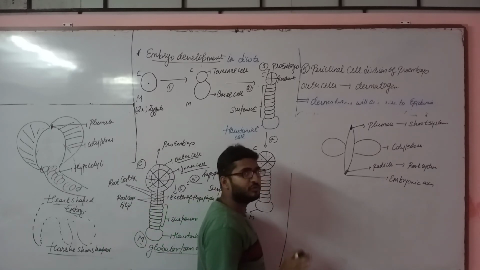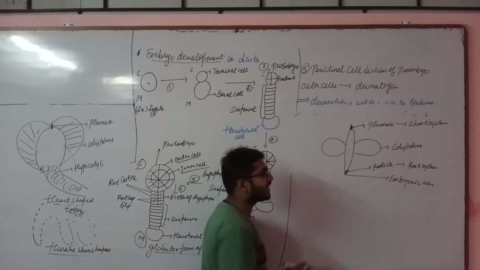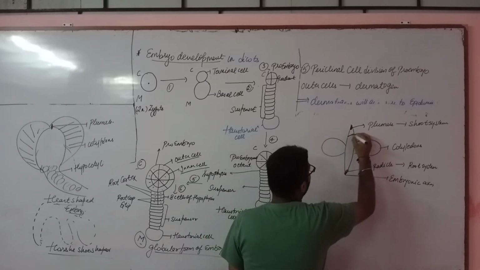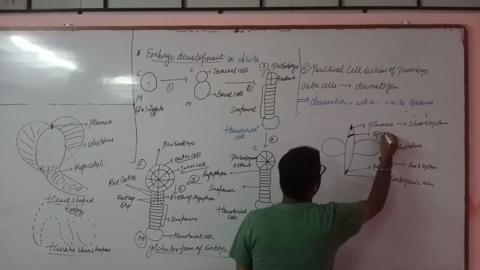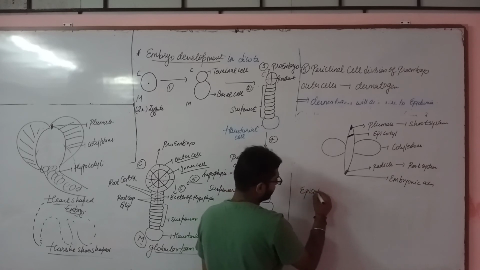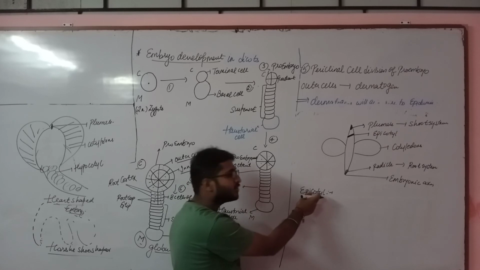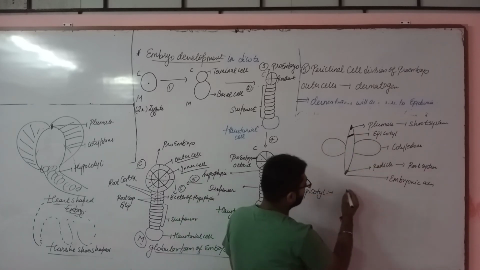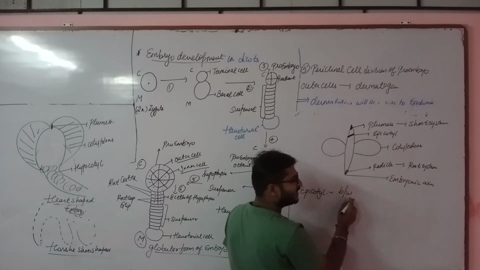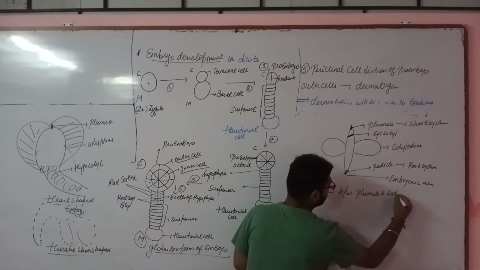The structure which is present between plumule and cotyledon is called epicotyle. So epicotyle: epi means above, cotyli for cotyledon. So between plumule and cotyledons.